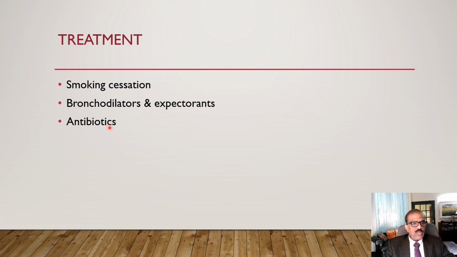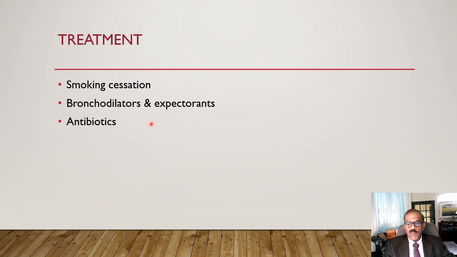I might choose a macrolide like erythromycin, clarithromycin, azithromycin, or I might choose a respiratory quinolone like levofloxacin, sparfloxacin, bemifloxacin, gatifloxacin, moxifloxacin, so they can be used, or second, third generation cephalosporins, and linezolid can be used.